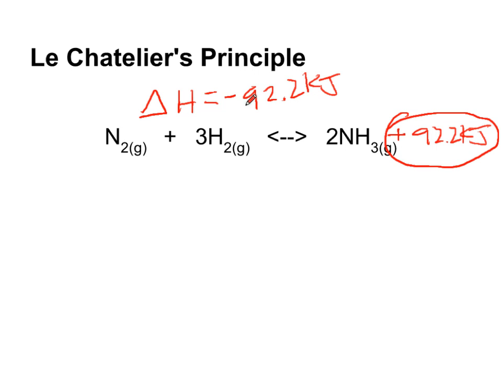So the page before we said if we added NH3, it would shift to the left. If we added heat to this reaction, it would shift to the left. You just have to make sure you pay attention to what side of the reaction you put that heat term on. For exothermic reactions, it goes on the product side. For endothermic reactions, it goes on the reactant side.